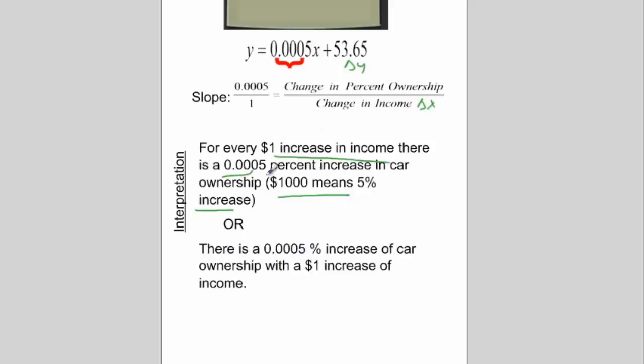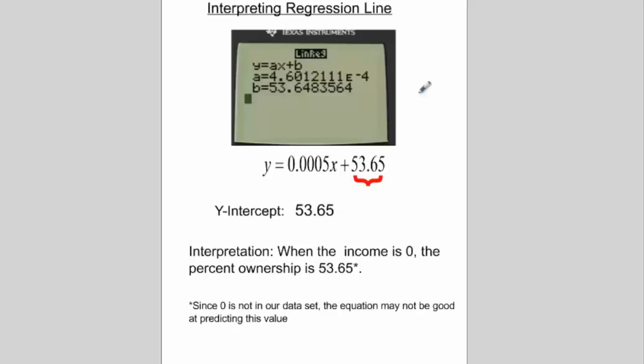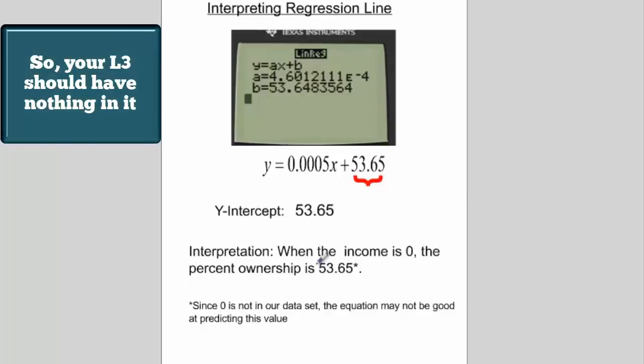Another way of saying it is, we often refer to the change in x first and then the change in y. The y-intercept, the way that this is interpreted, remember the y-intercept is the y value when x is 0, right? So it means that when income is 0, because that's our x, the percent ownership is 53.65.